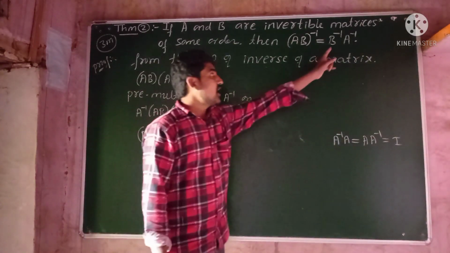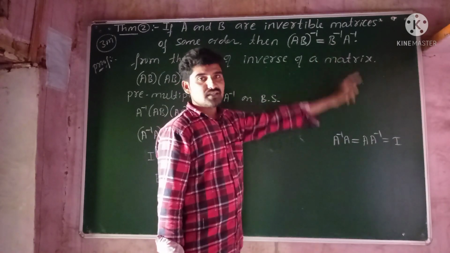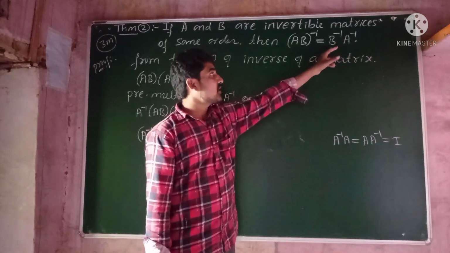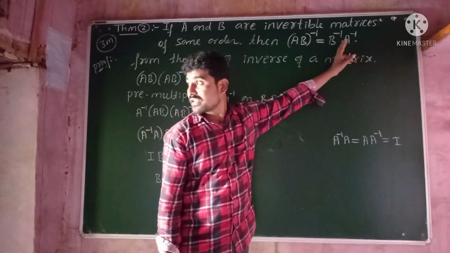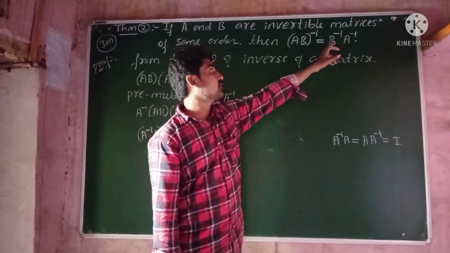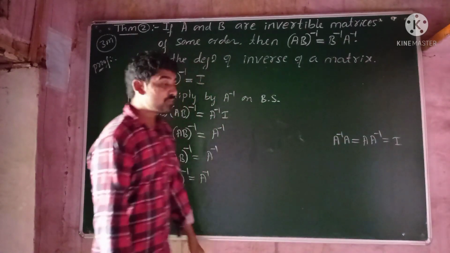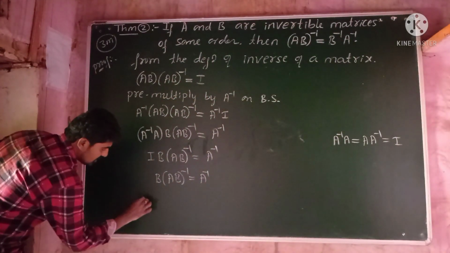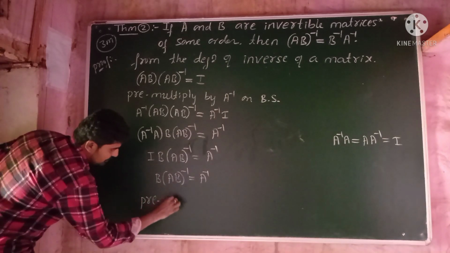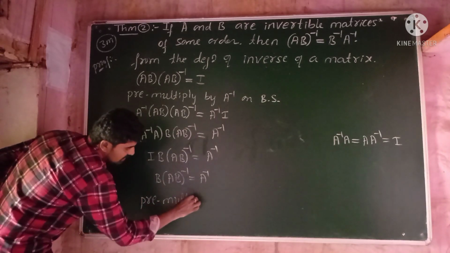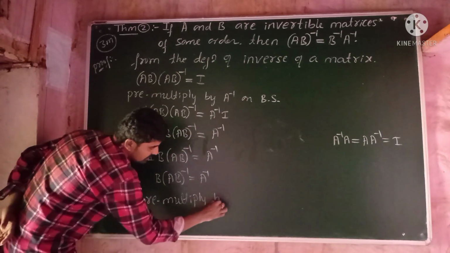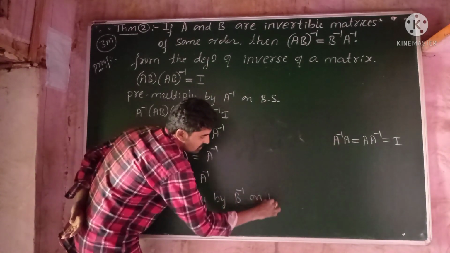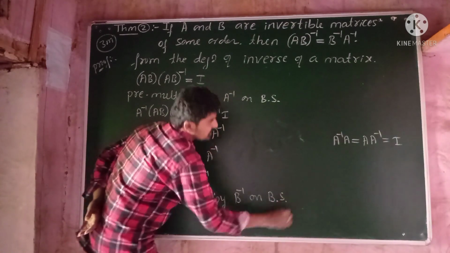Look, on the RHS there is B inverse matrix. So we have pre-multiplied by A inverse; now we need to pre-multiply by B inverse. Therefore, we need to pre-multiply by B inverse matrix on both sides.